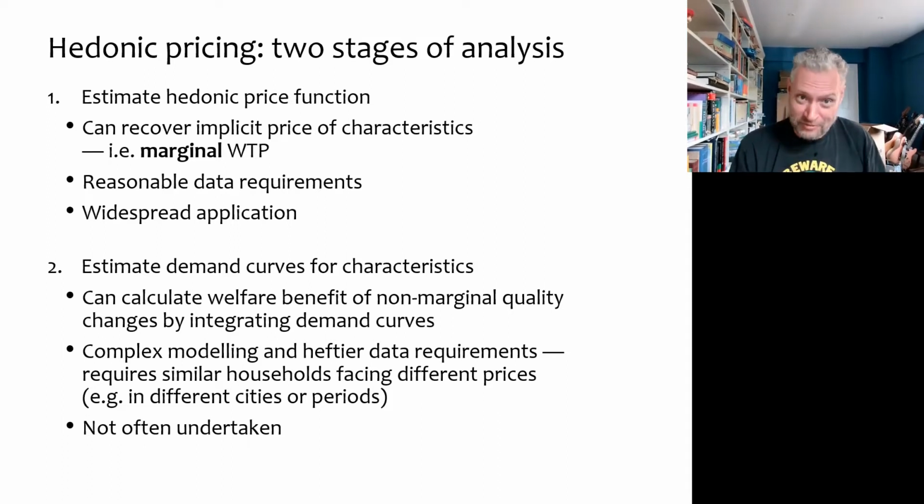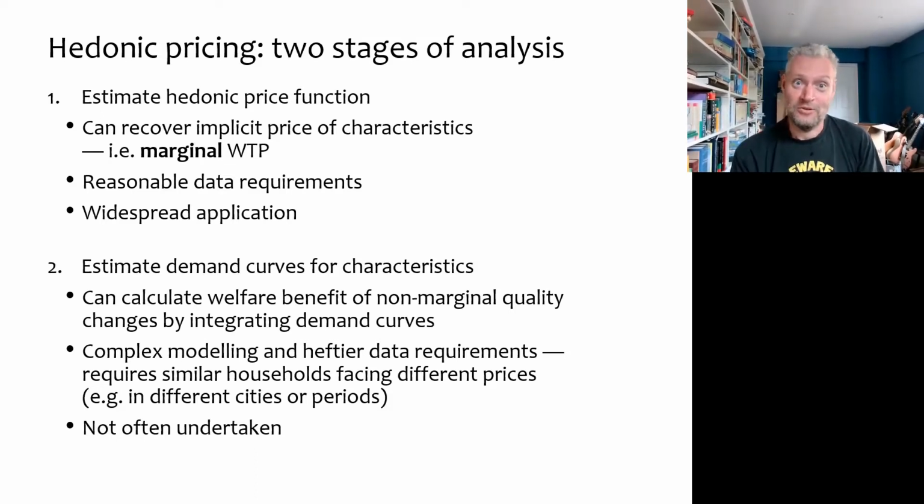Because if you want to estimate the effect of a big change in something, you need a lot of data that show these big changes. But then you typically get into the situation where you're not modeling a cross-section, a snapshot of the housing market, but you actually have data of the housing market as it develops over time.